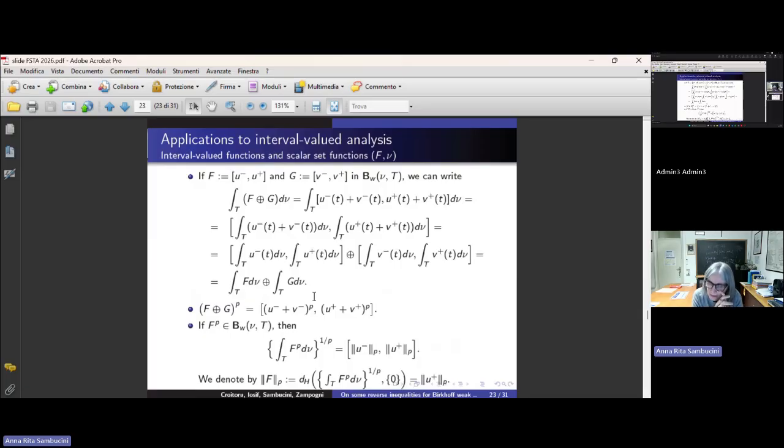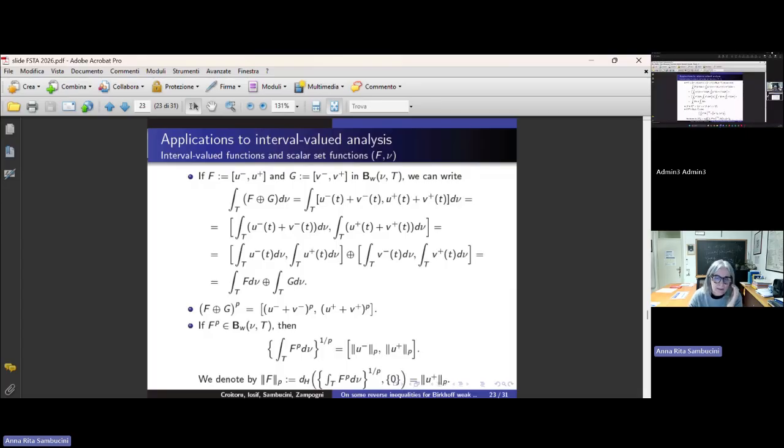The p power of a Minkowski sum is the interval determined by the p power of the endpoints functions of capital F and capital G. And if we consider the p power of F, we can define its value, namely the p root of the integral of the p power.